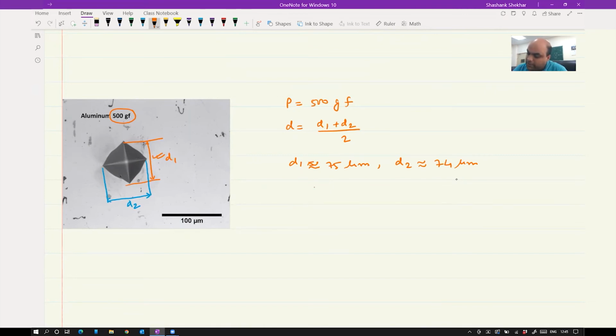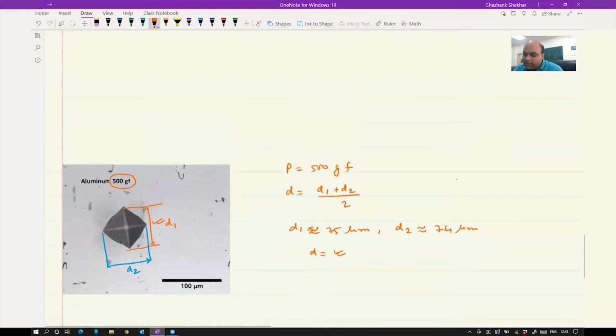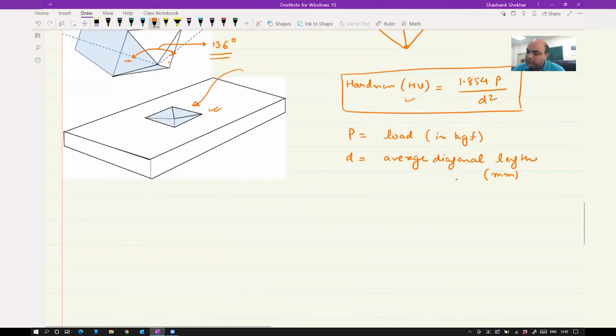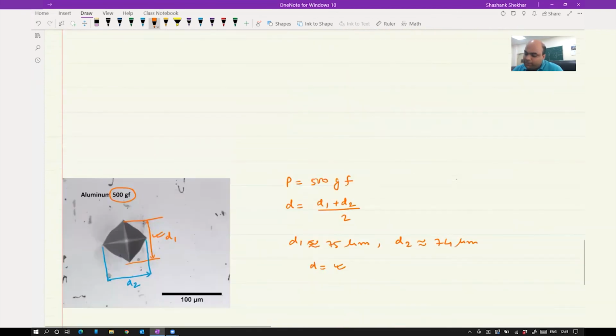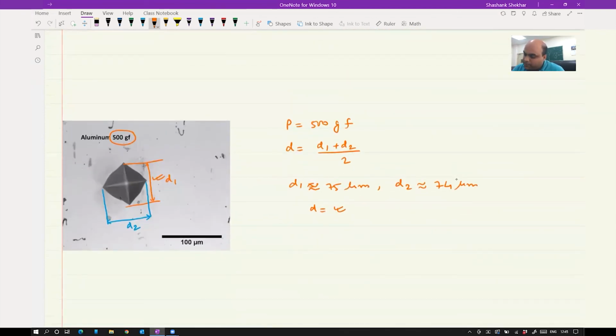So you can calculate D. You know P, so you can calculate your HV. If you do that, in this particular case the hardness will come out to be nearly 167.